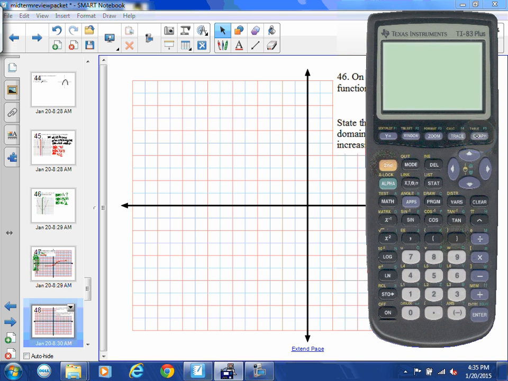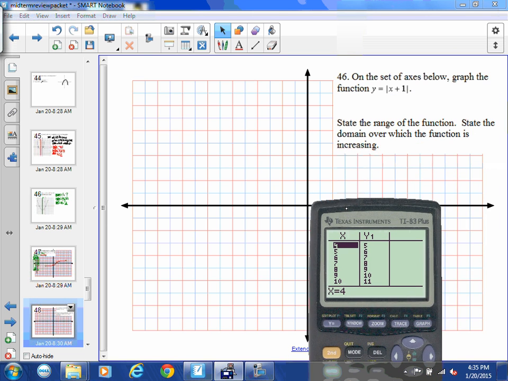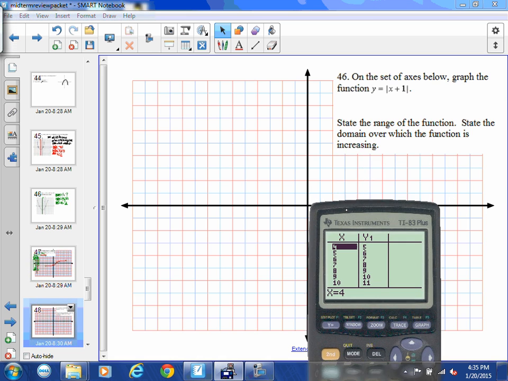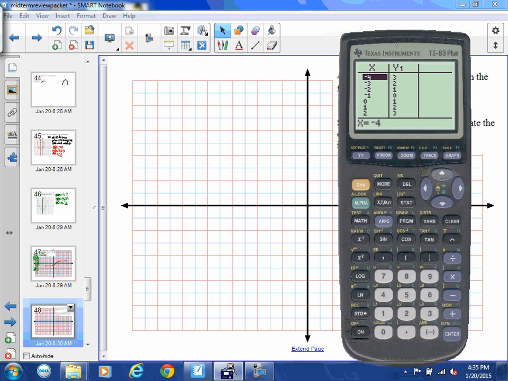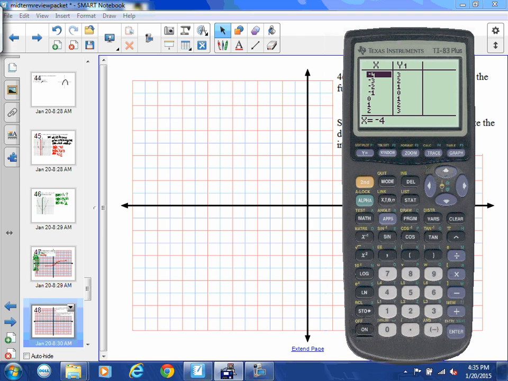I go to my table. Now there's no domain. However, being how it is a V, I just want to make sure I get a mirror image. You can go from -10 to 10, but my main thing is I want that mirror image. So there's my mirror image.